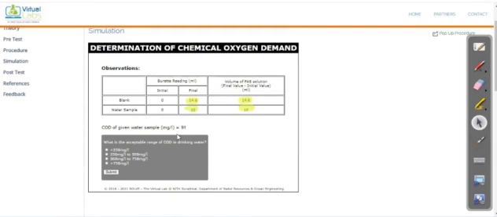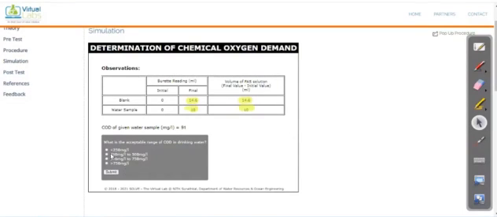The value is 91. Here another question appears on the screen. What is the acceptable range of COD in drinking water? What do you think? Whether it is less than 250, 250 to 500 milligram per liter, it might be 500 to 750, or more than 750 milligram. What do you think? What will be the value?